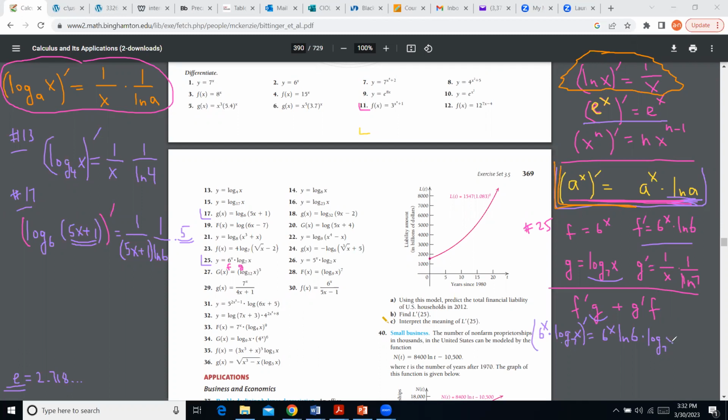And then plus, so just carefully put these ingredients in little by little. So I can put x ln 7 in the denominator. And finally, multiply this by function f, which is 6 to the power of x.